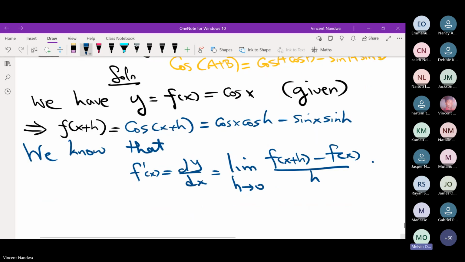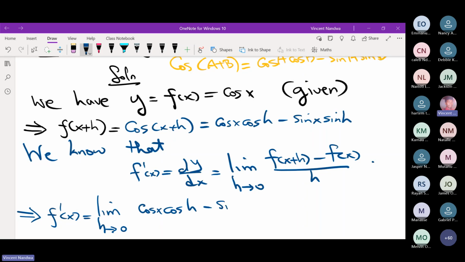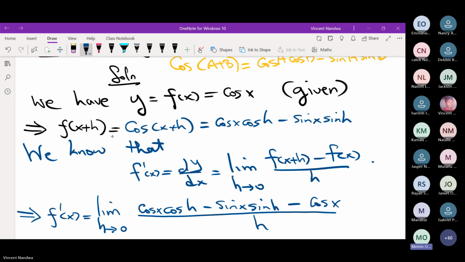So this will mean our derivative f prime of x will be the limit as h approaches 0 of cos x cos h minus sin x sin h, then I subtract cosine of x, everything divided by h. Just by substituting what we have for f of x and f of x plus h into the definition of the derivative.